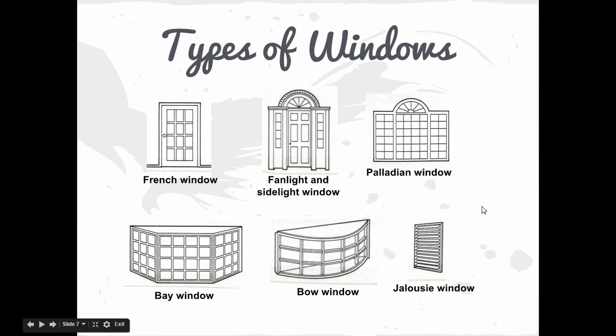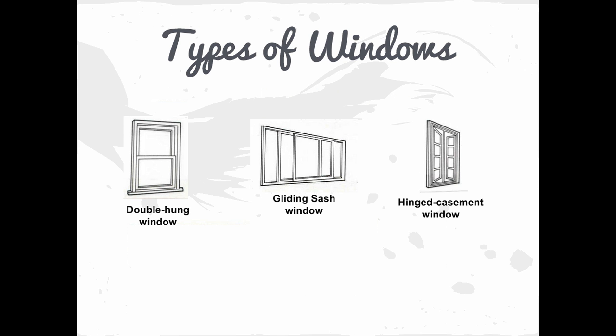Each one creates a different illusion, formal, informal, lots of light, not so much light, creating a visual appeal to the home. They just create different illusions when you're picking out windows. And then these are more of your bedroom-like windows, which is the double hung, which is very common, the gliding sash windows, which just glides back and forth, and then these are the hinge windows that go outward.